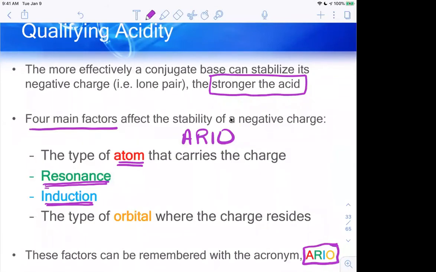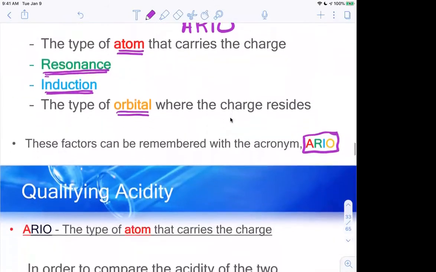And then I'm looking at the type of orbital where the charge resides. Is it an s? Is it a p? Is it an sp3? Is it an sp2? Is it an sp? All of these factors are going to help me assess the stability of that negative charge, which will help me figure out if one acid is stronger than the other.